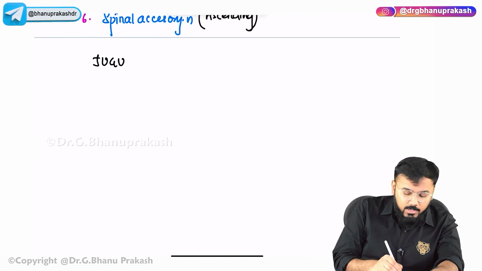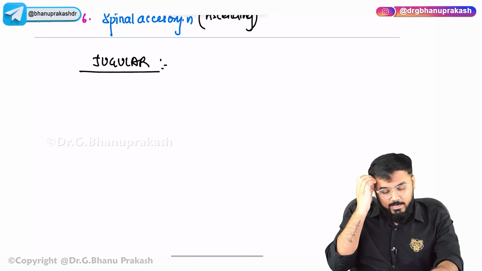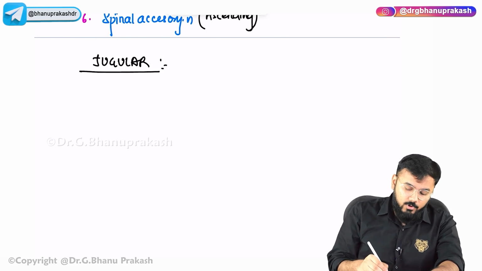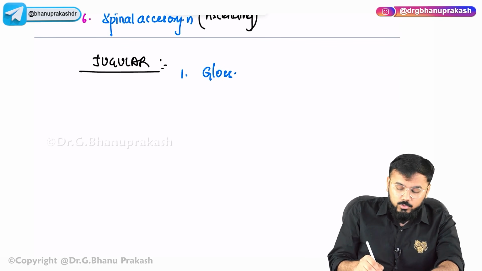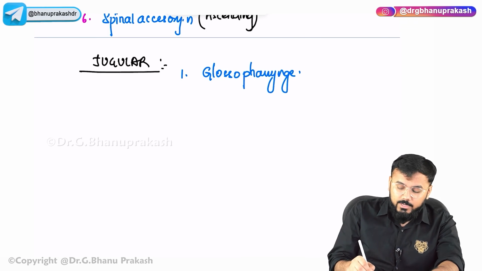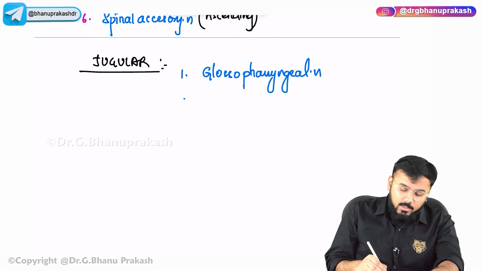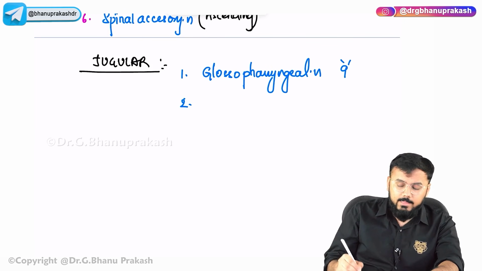Next important thing, what are the structures that pass through jugular foramen? This one you just have to remember. If it is better, frame your own mnemonic and then it would be easy for you. In jugular foramen, the first important thing is the glossopharyngeal nerve, the 9th.